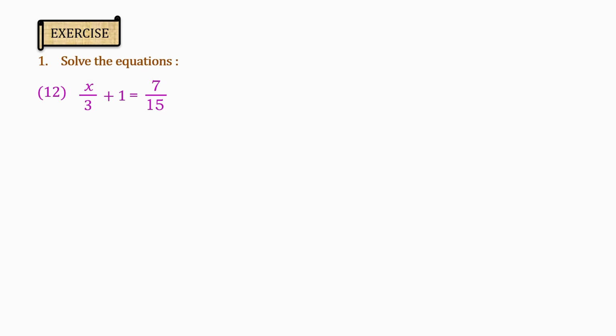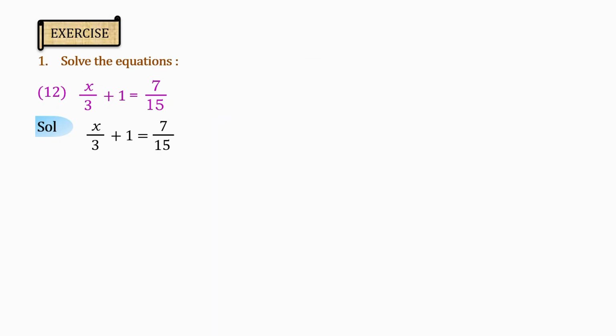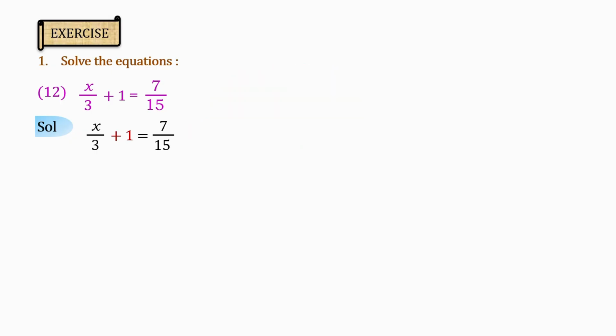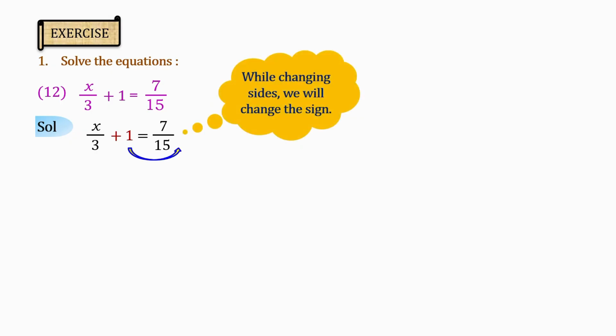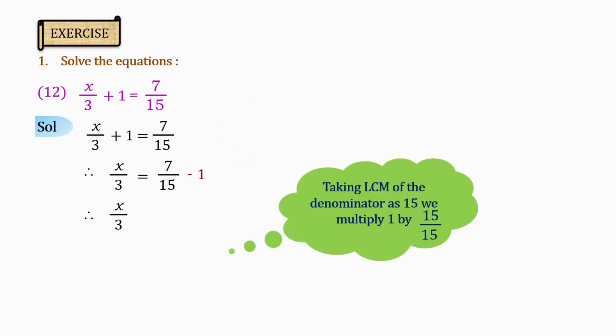Next problem, x by 3 plus 1 equal to 7 by 15. Same, variables on one side and numbers on the other side. First we will shift plus 1 to the other side, and we are going to change the sign. Now we have to take the LCM of the denominators, because 1 is 1 by 1.